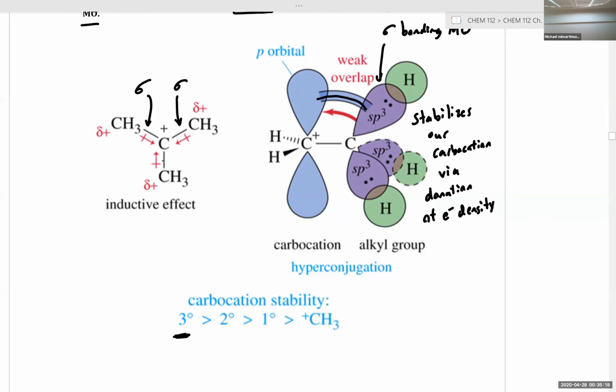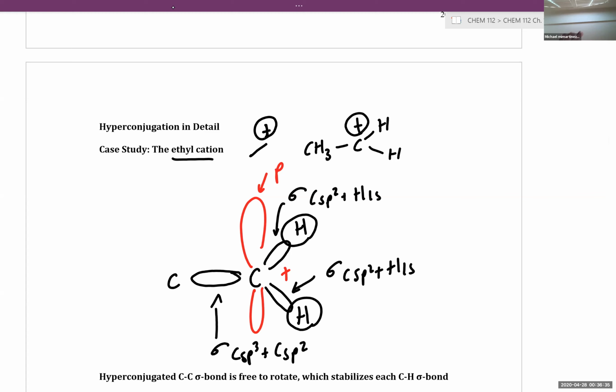Okay, and now let's get to the real meat of our discussion here. We have our p orbital. Now, suppose we look at one of our carbon hydrogen bonds, so this is a sigma carbon sp3 plus hydrogen 1s.